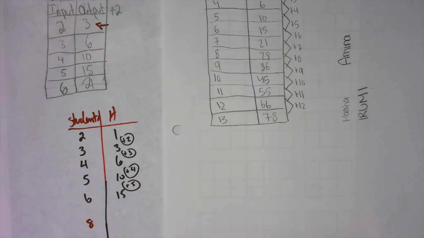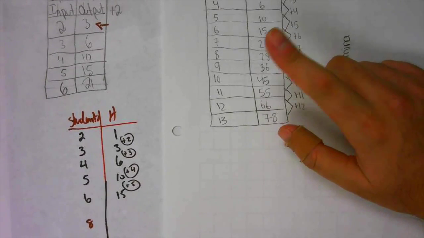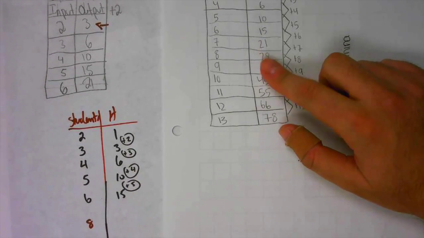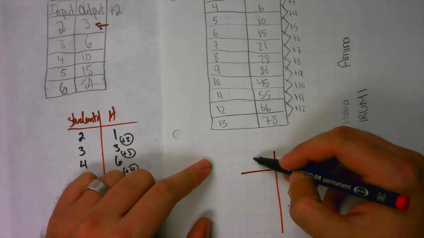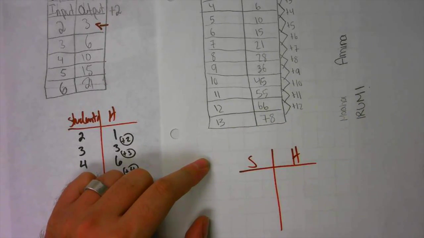Okay? What I want you guys to think about now, and we are going to address this as the unit goes on, so you'll have to tune in to another video, is there an easier way to figure this out? What if I gave you a chart that looked like this? Students, handshakes.